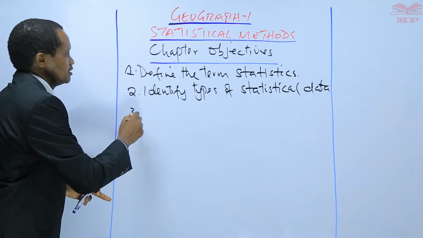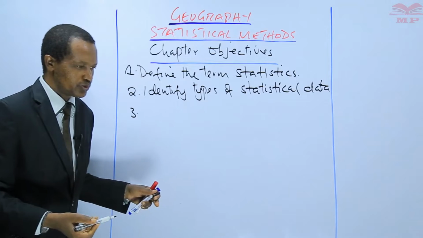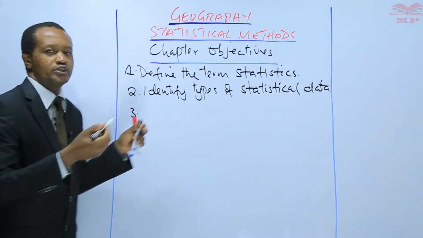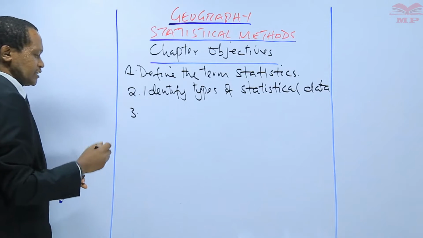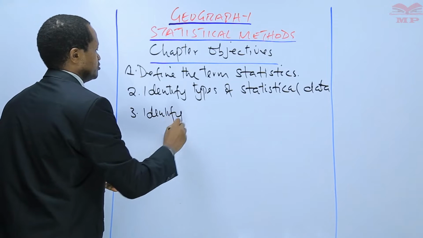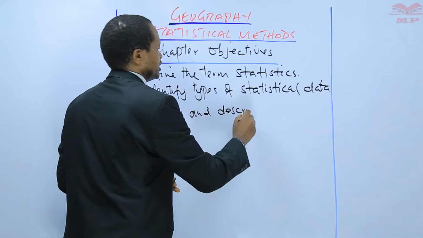Then number 3, the third objective, you should also be able to identify and describe methods of collecting and recording data.